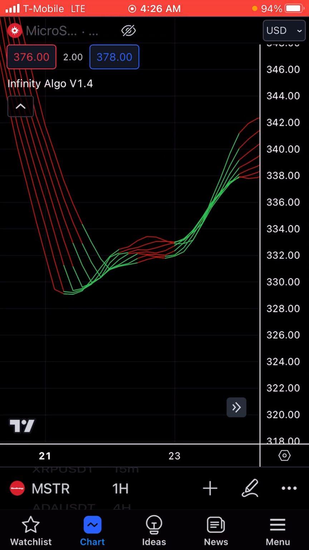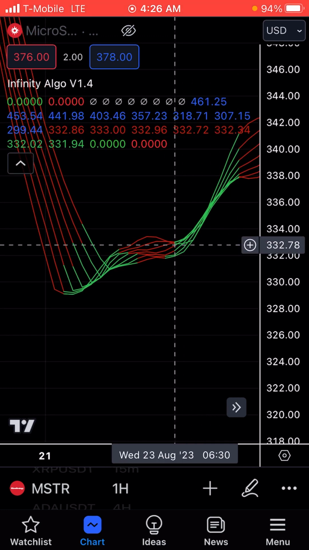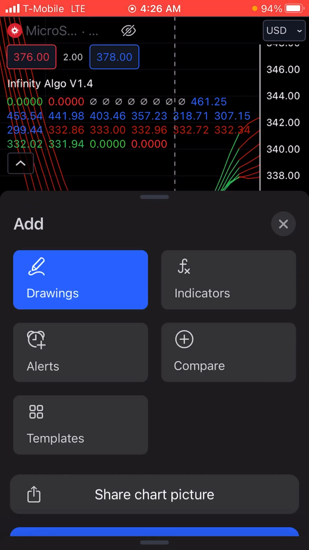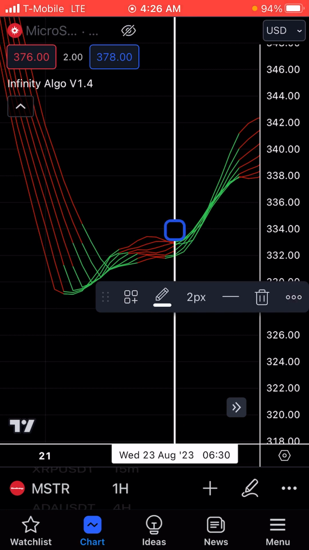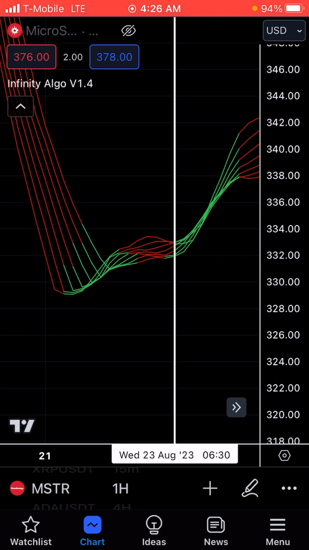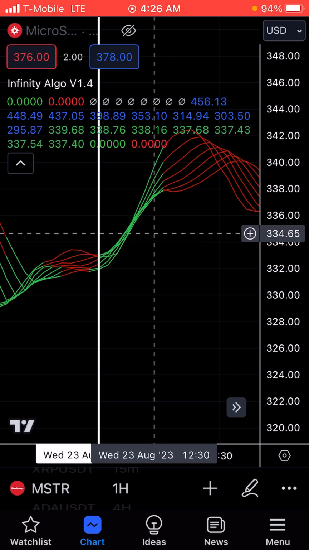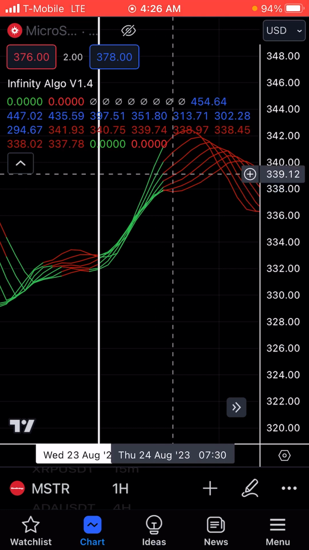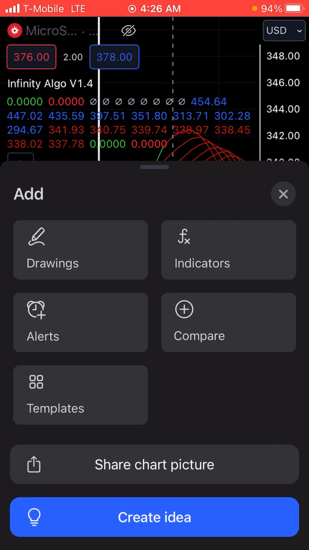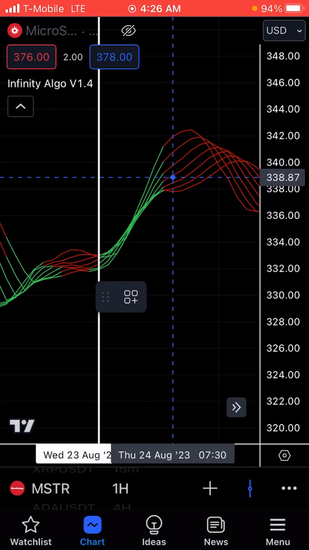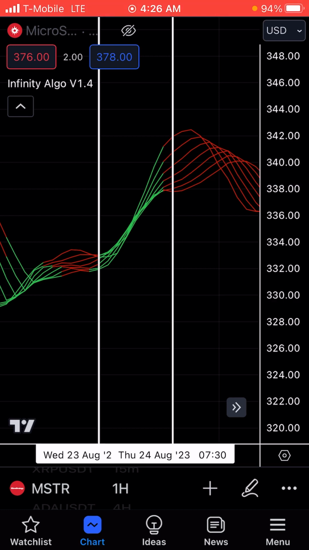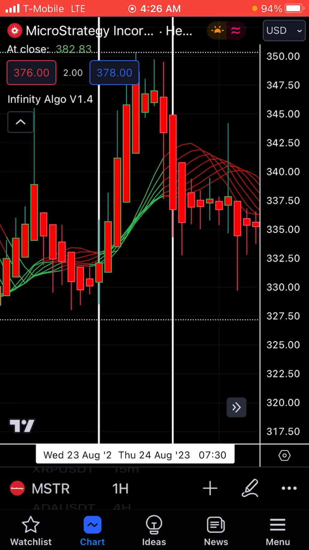Okay, so we see all of them turning green right about here. So let's turn on my line here. Draw a line right there. So that's when we would come in. And you get out right when it starts turning red, which is right about there. So get out right there. Draw my line there. So let's just see if this was a profit zone.